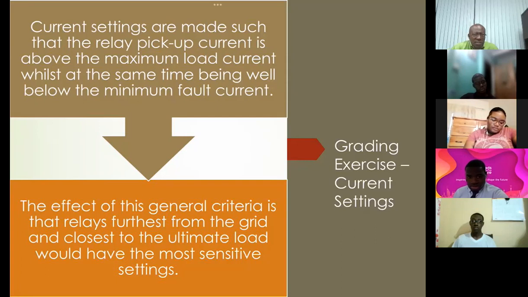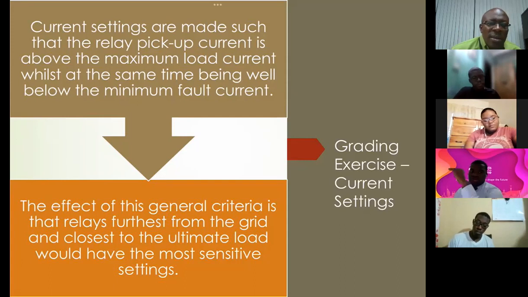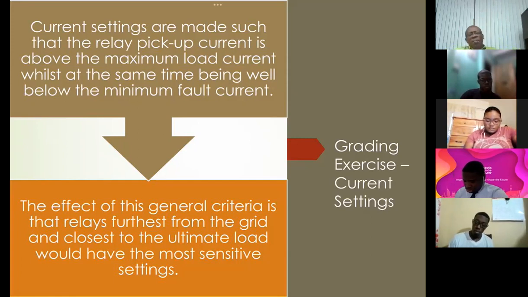The other point that we want to make is that the impact of this is to ensure that the relay that is furthest from the grid has the most sensitive setting. And you will see why. Well, let me not make it a mystery.